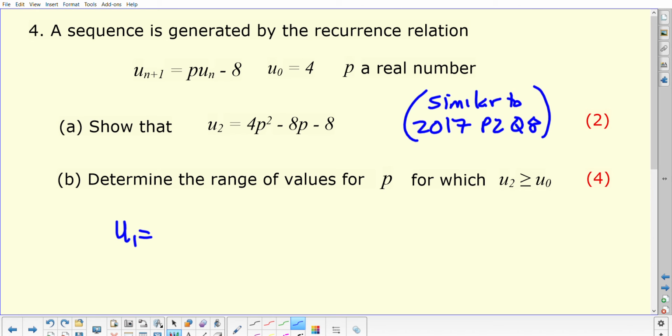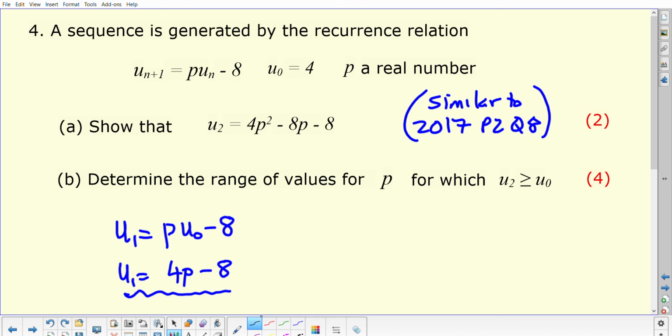So u1 would be p times u0, right? That would be the term before, minus 8. Now you have been given the value for u0, so you know that u0 is equal to 4. That means p times 4, or 4p minus 8. So that's the first bit of this, is to come up with the expression for u1.